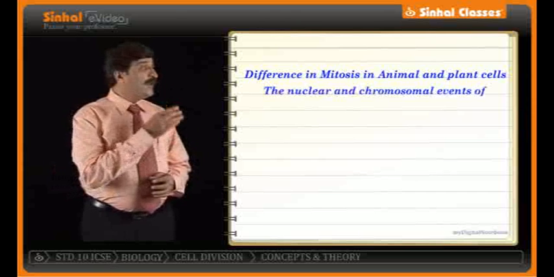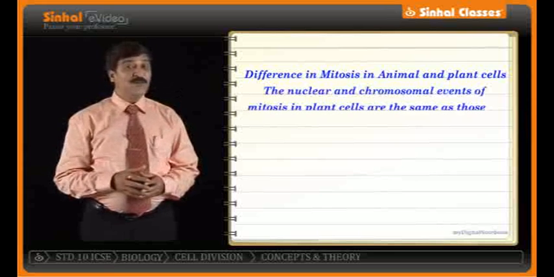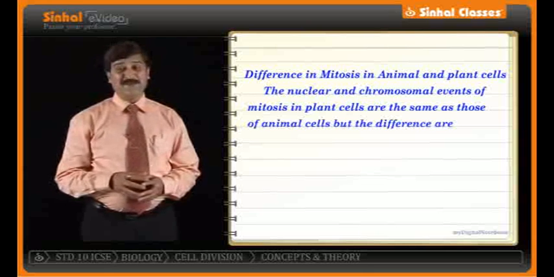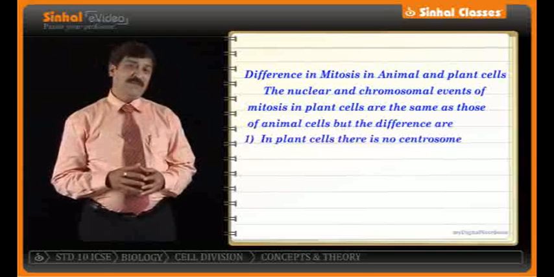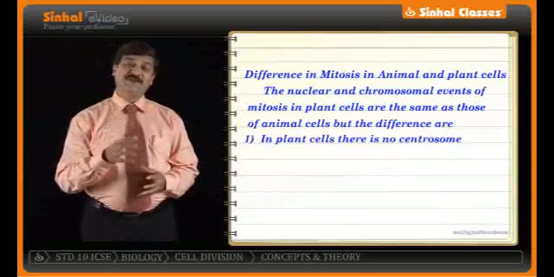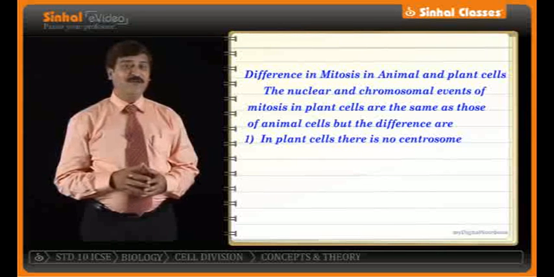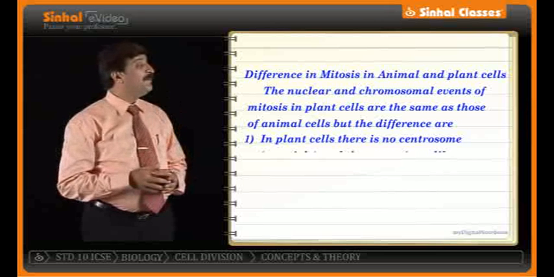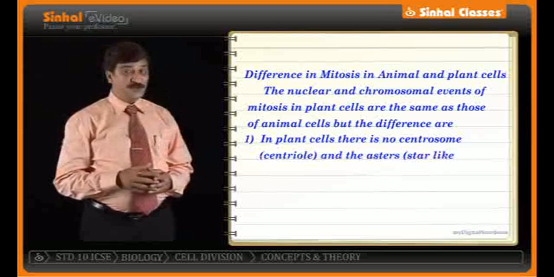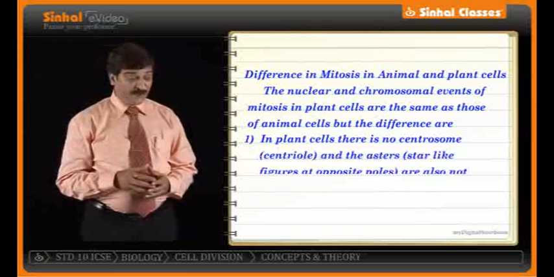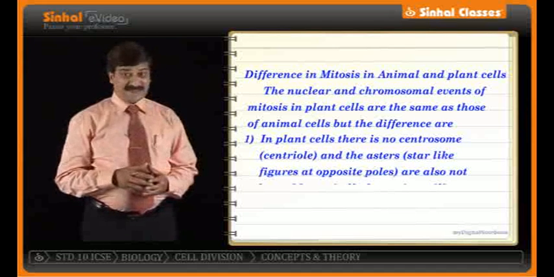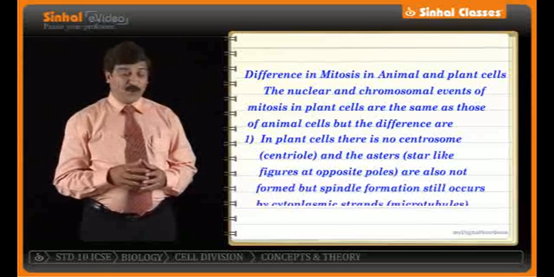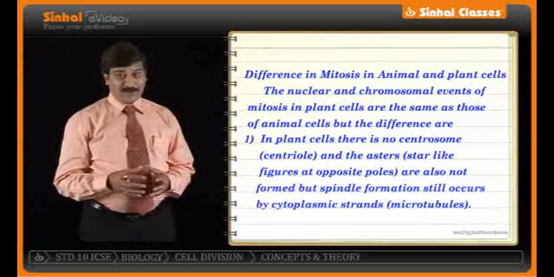When we are talking about the nuclear and chromosomal events of mitosis in plant cells and animal cells, it is almost the same. But then, what exactly is the difference between the two? Let us see point number 1. In plant cells, there is no centrosome, meaning centriole, and the asters, that is, star-like figures at the opposite poles, are not formed.